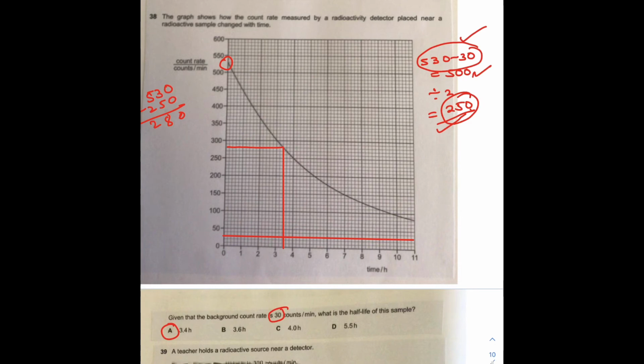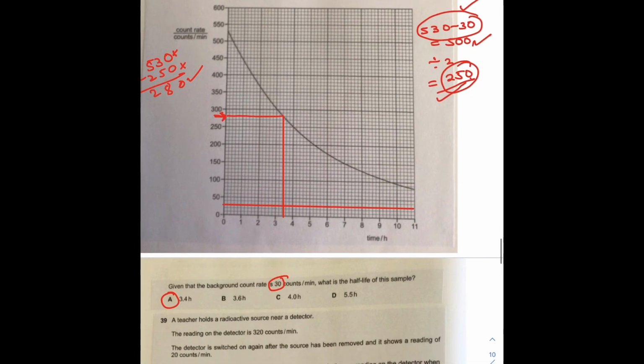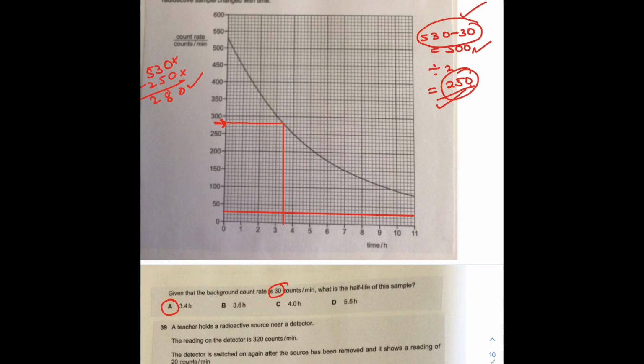But my reading starts at 530. So 530 minus 250 is 280. So from 280, I draw a line reaching the graph and I land down and I read what time it is. That time is 3.4 hours. So that's my answer.